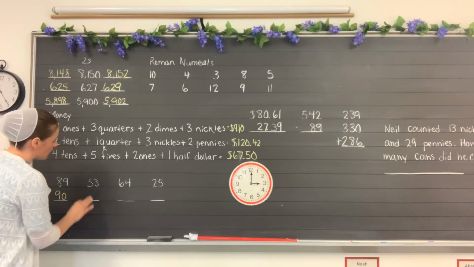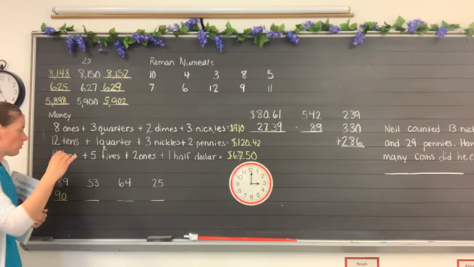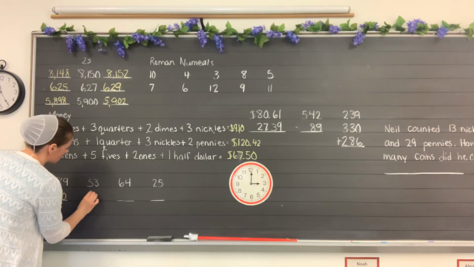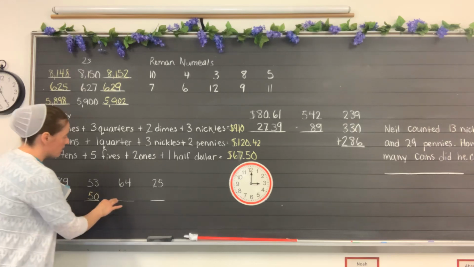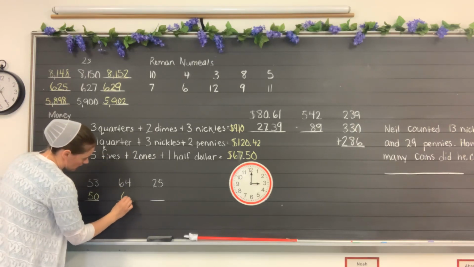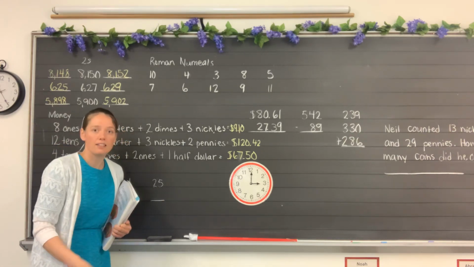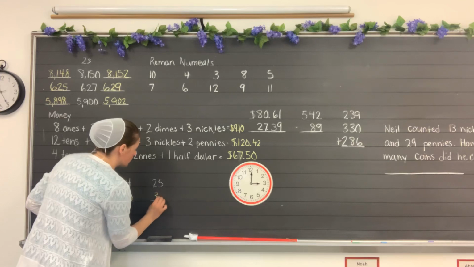And 53 is not at 55 yet, so we'll need to go down to 50. 64, that's not quite at 65, we'll need to go down to 60. 25, okay, here we have a 5, so that lets us go up to 30.